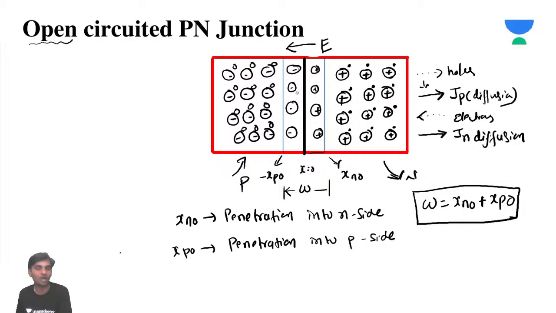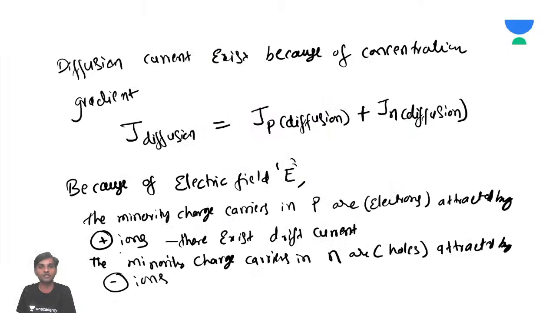Are we applying any external voltage? No, we are not applying any external voltage, right? But when charge carriers move from one region to the other, there is some current, and this current is because of diffusion. So I call that current the diffusion current, J diffusion, which is the summation of JP diffusion and JN diffusion, right?